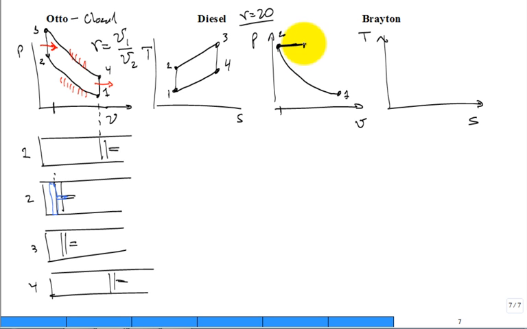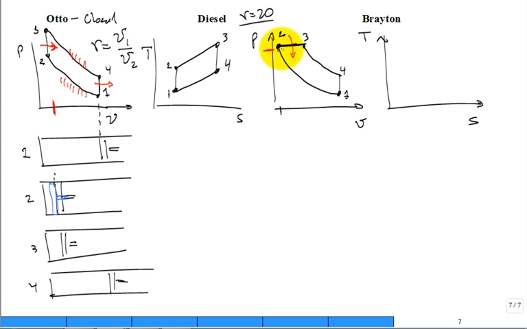Then somehow you cut off the fuel, and it still expands, but now it's adiabatic. And there's the cycle from 1 to 2 to 3 to 4. So the heat addition is at constant pressure. What was it for the Otto? Constant volume. The volume was constant, not the pressure.